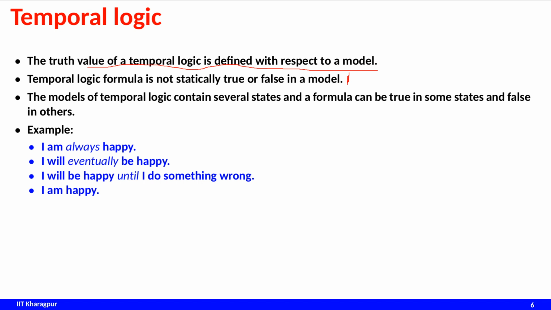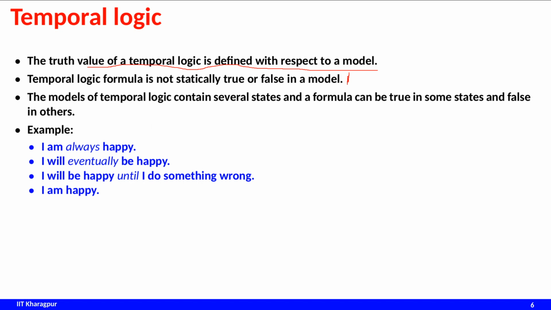A temporal logic formula is not statically true or false in a model. Sometimes it can hold, sometimes it cannot hold; on certain parts of the model it can hold. So there are a lot of things that we have to check. The models of temporal logic contain several states, and a formula can be true in some states and false in others.